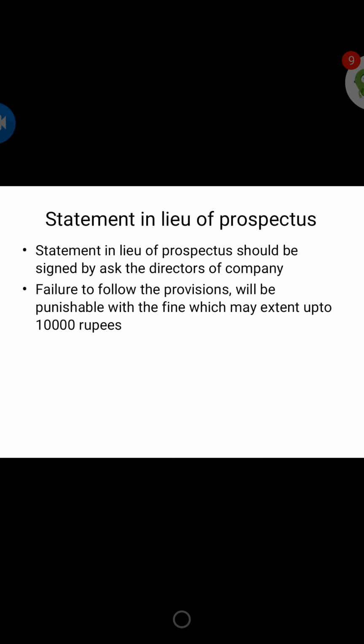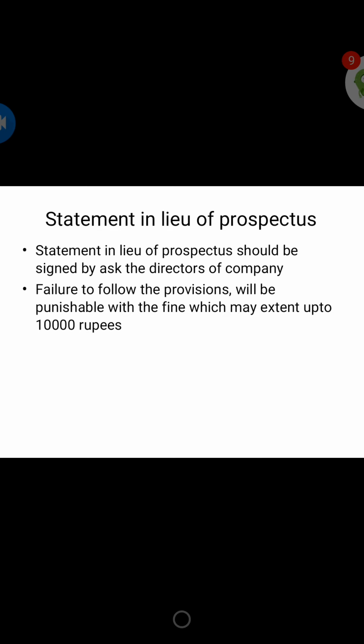Now it says, if you fail to follow the provisions in the Companies Act, the company and every director who willfully permits the contravention shall be punishable with a fine which may extend up to 10,000 rupees.